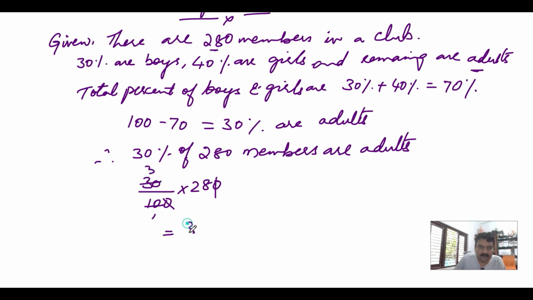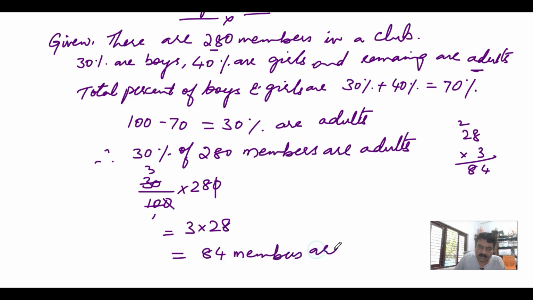Okay, that is 3 into 28. We'll do it here. 28 into 3. 8 threes are 24, 2 threes are 6, plus 2 is 8. 84. Therefore 84 members are adults. This is the answer.